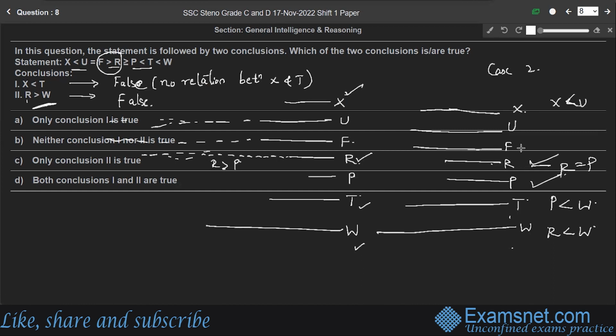So in the first case, R can be greater than W, but in the second case it is false. R is less than W in the second case.